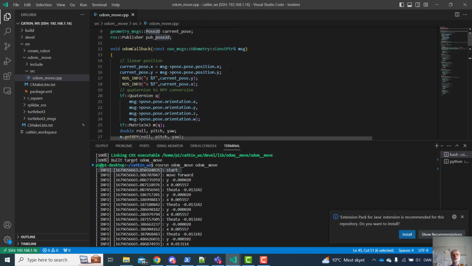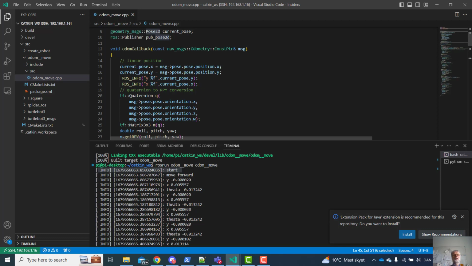Then you can see that the pose is a part of the odometry, and it has the position x, y, and that is put into our parameter in the application called current pose x and y.